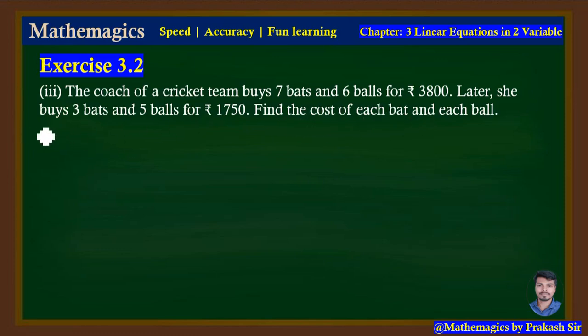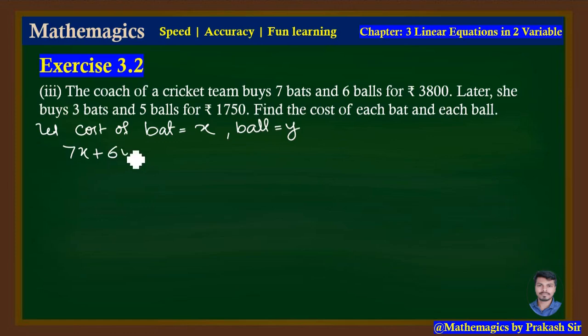So let us consider, let cost of bat is equal to x rupees and another one, ball, is equal to y rupees. So according to the question, 7 bats means 7x plus 6 balls becomes 6y, and the price is 3,800 rupees.